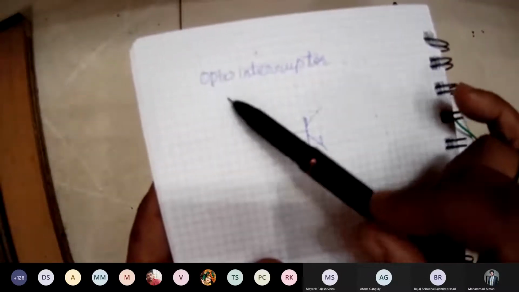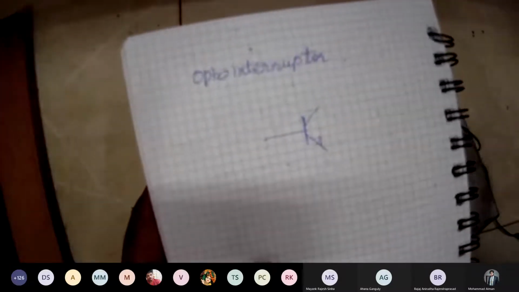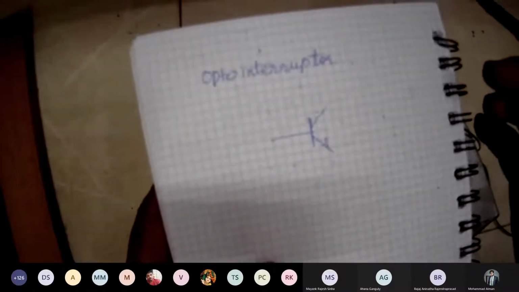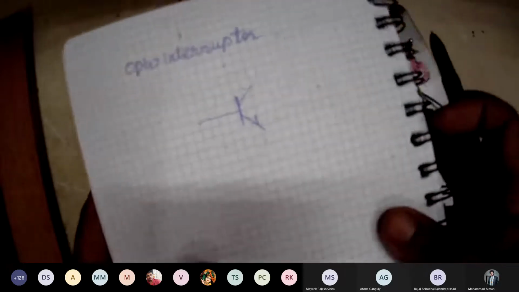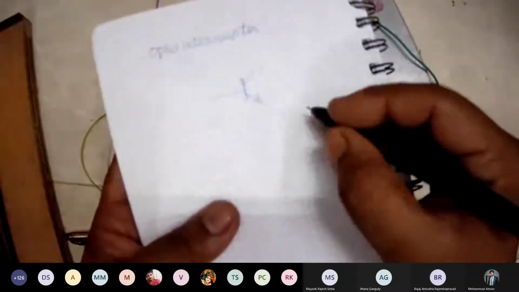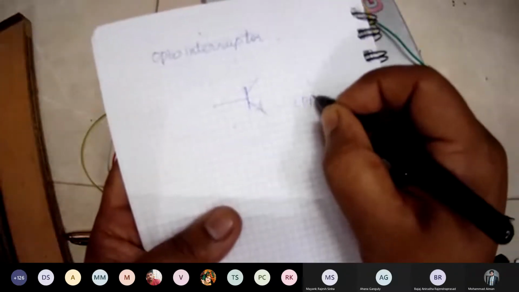So what does an opto interrupter do? If you look at the actual name, opto is derived from optics, and interrupter means it can interrupt something depending on whether light is shining on it or not. As a school student, you might have encountered something known as an LDR.